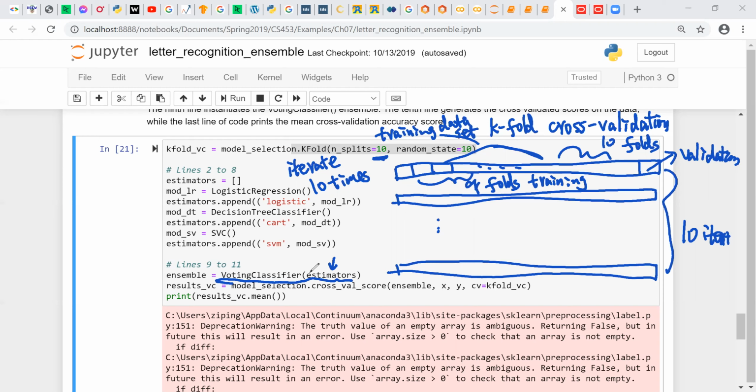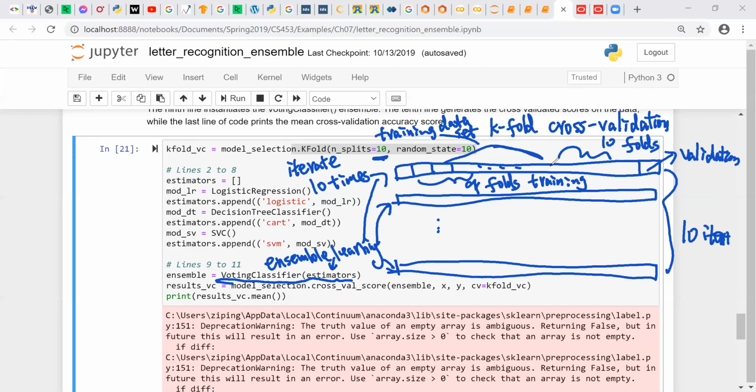So over here, we have the ensemble learning. For each round, you will apply the ensemble learning to each iteration.